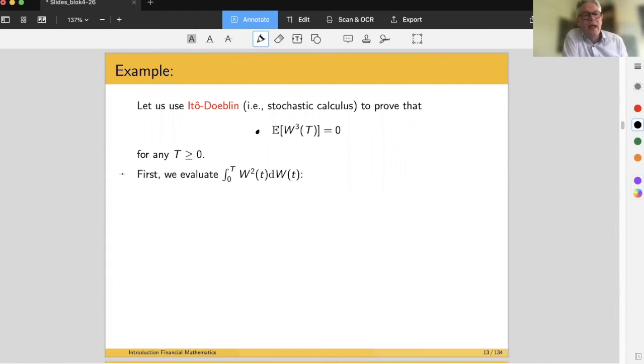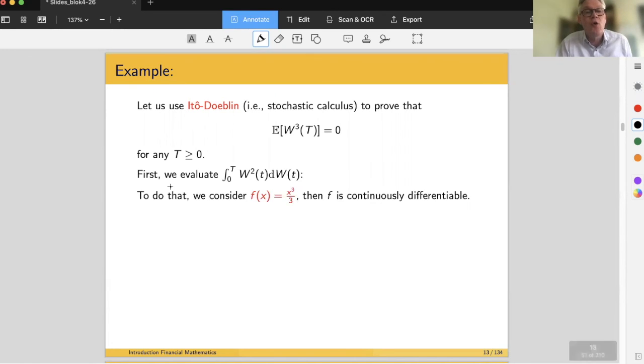And we will encounter in this derivation integrals of the form the integral from 0 to t of W squared dWt.